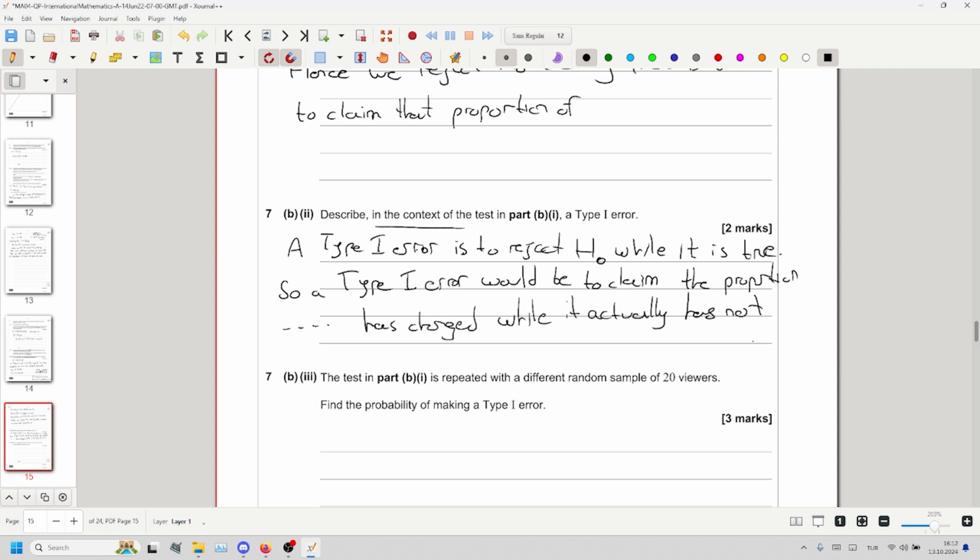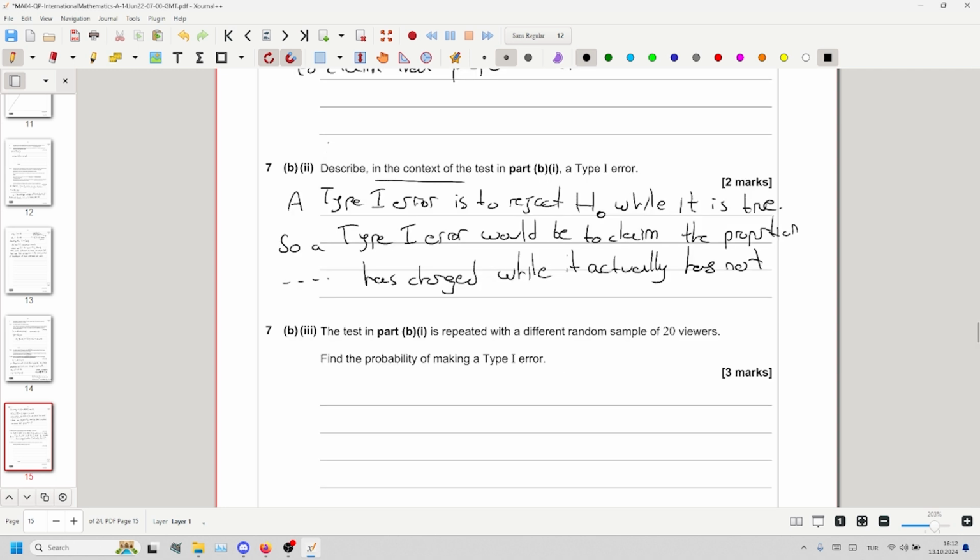Now here, this is an annoying question. It tells us that another sample is taken, and from here we're going to get a different test value x, and it asks us the probability of making a type 1 error. Now here it assumes that H0 is true.